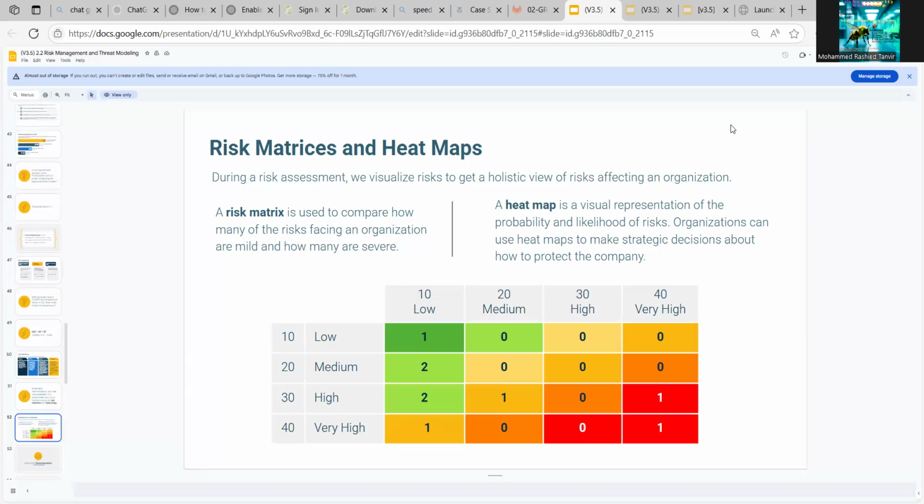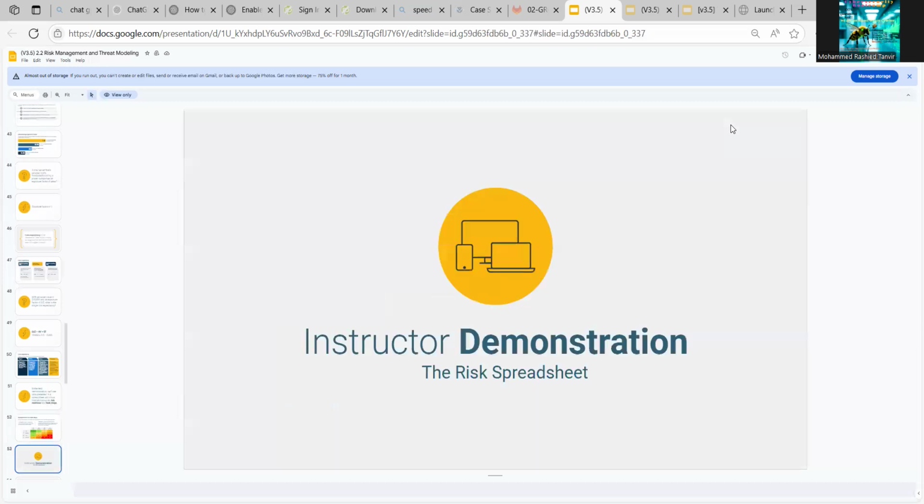Impact is very high 40, high 30, medium 20, low 10. Same for probability. So if very high probability and impact is 1, we now go to the demonstration.